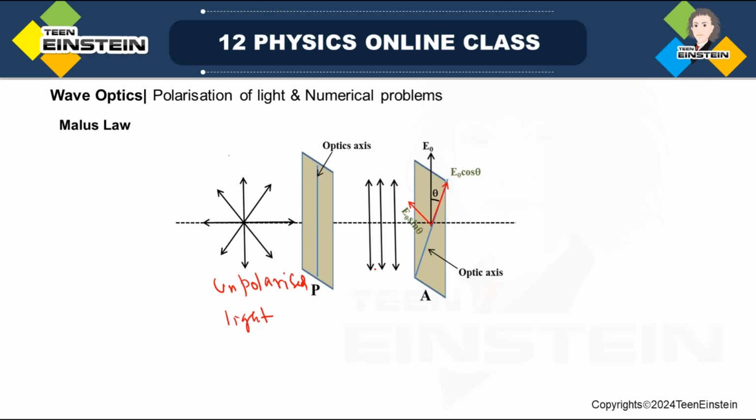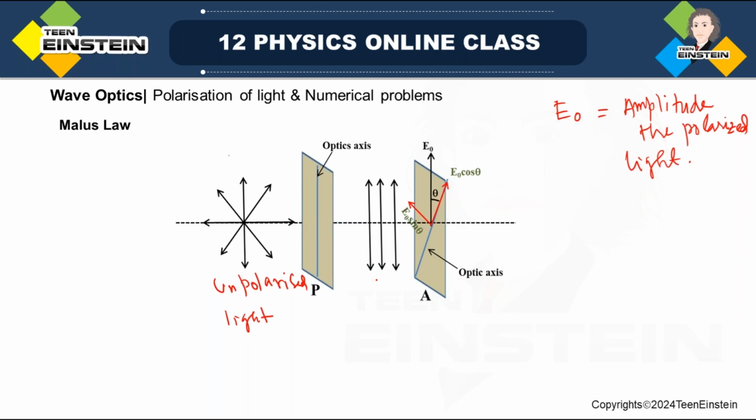Let us take the amplitude of the polarized light to be E0. So this is the amplitude of the polarized light.